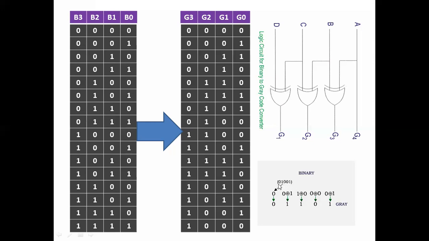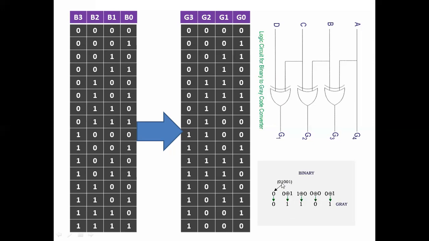So here one example is also given. This is the given binary 0, 1, 0, 0, 1. Then mark the LSB and MSB according to the rule. So I copy the MSB as it is, that means 0 as it is, and then do the XOR operation of MSB with MSB minus 1. Here MSB is 0, MSB minus 1 is 1. You know the truth table for XOR gate: if both inputs are different, output will be 1.